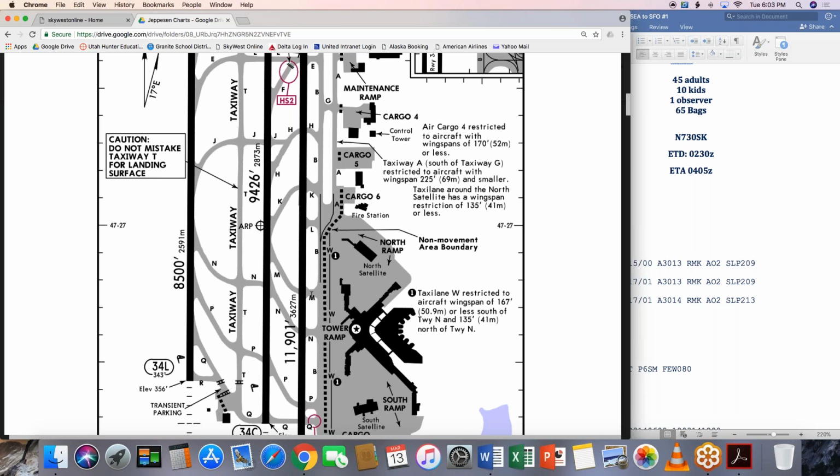Let's just say this is sea level. You've got a mountain here that's 1,000 feet tall. Sea level, here's 500 feet, here's 1,000 feet. At 1,000 feet, we drop 2 degrees. So it's 2 degrees colder at 1,000 feet, if we're going standard. But at 500 feet, we drop 1 degree.